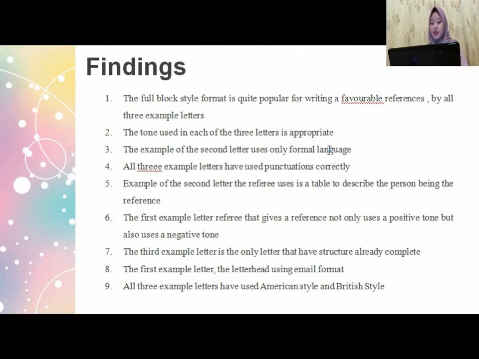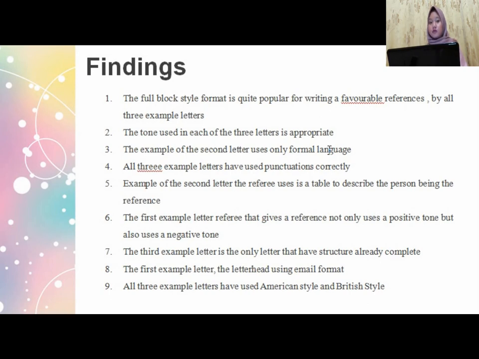Next, findings. First, the full block style format is quite popular for writing favorable references in all 3 example letters. Second, the tone used in each of the 3 letters is appropriate. Third, the second example letter uses only formal language.